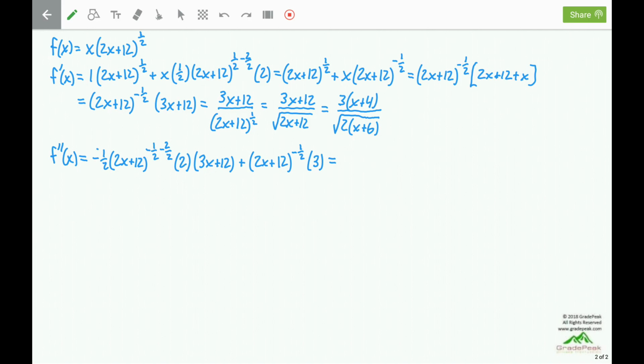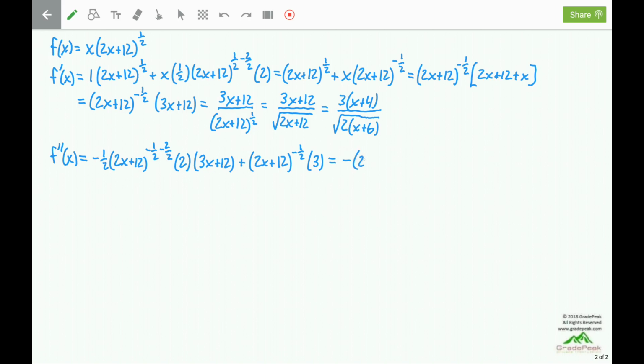For the first term, we can multiply the constants together. We have a negative 1/2 and a 2. Negative 1 times 2 is negative 2 over 2, which is negative 1. So we'll have a negative 1. The 1 is implied.